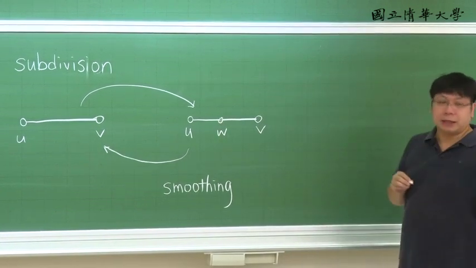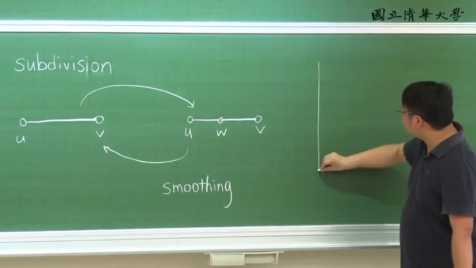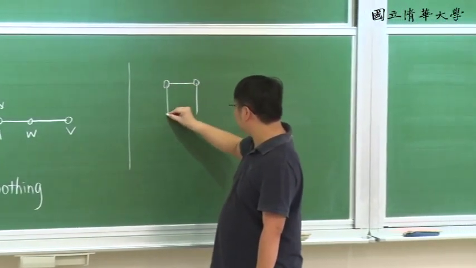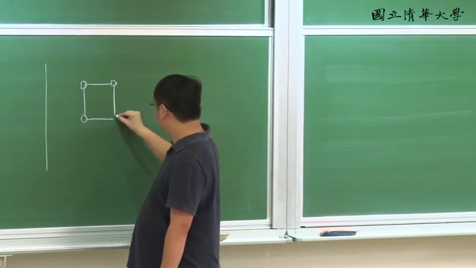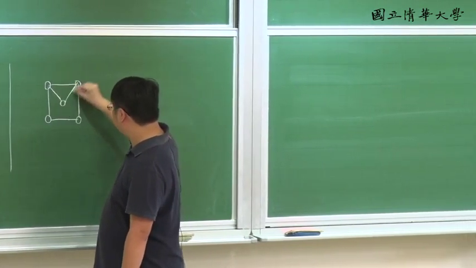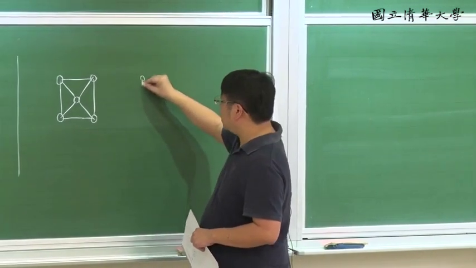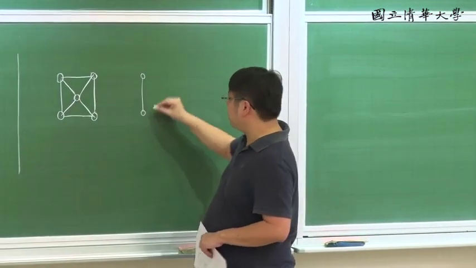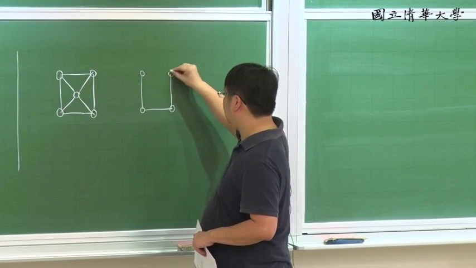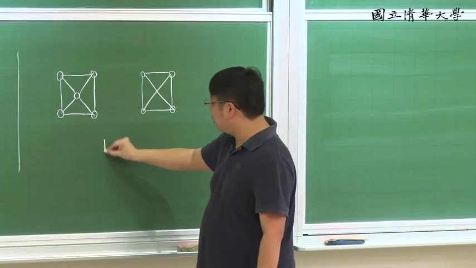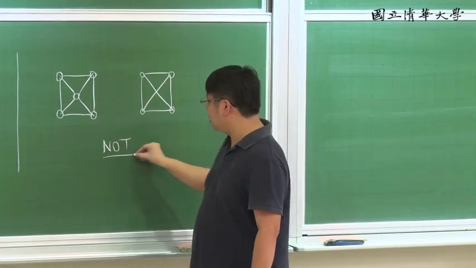So I'll give you an example which is not smoothing. Suppose that we have a graph like this, and then you try to remove this vertex into something like this. Then this is not a smoothing operation.